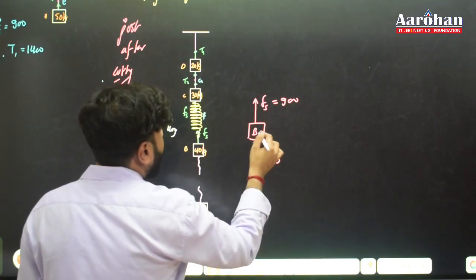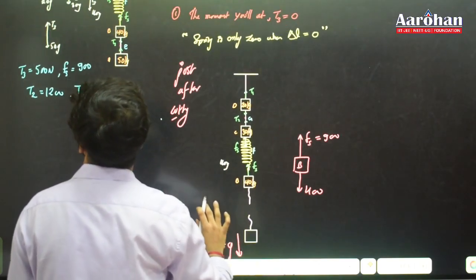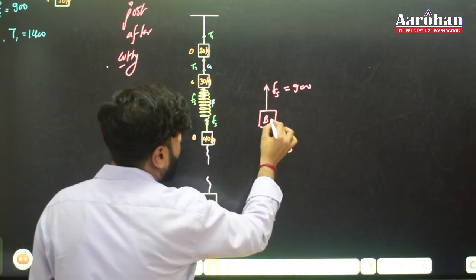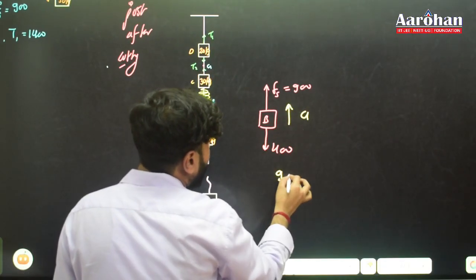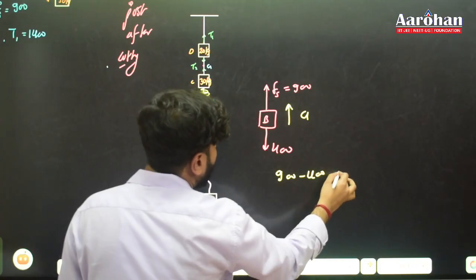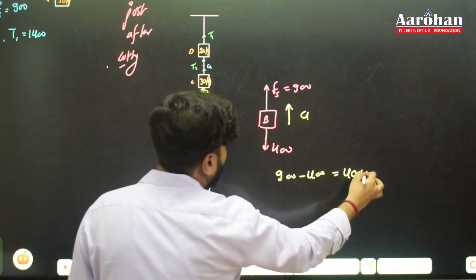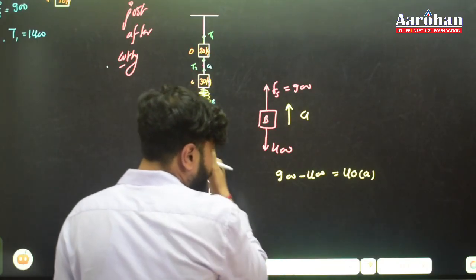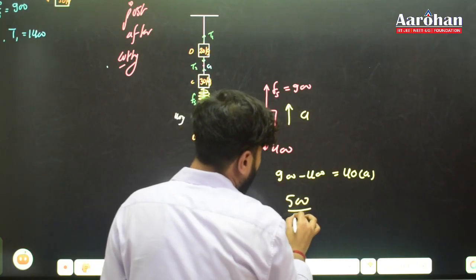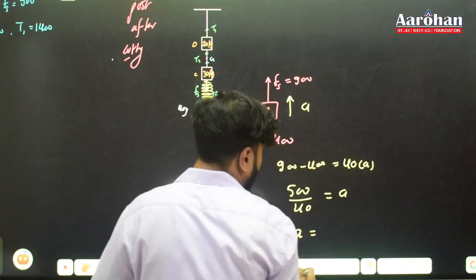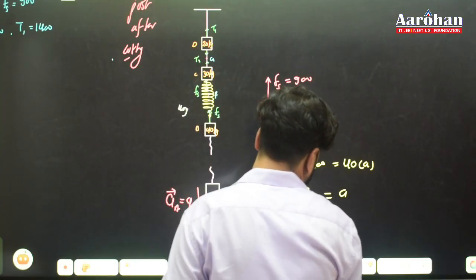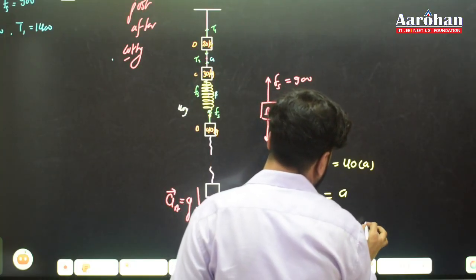The mass of B was 40 kg, so it will move upward, and 900 minus 400 equals 40 into a, so the acceleration will come out to be 12.5 meter per second squared upward.